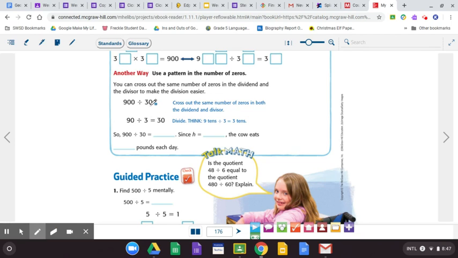There's 1 zero here and there's 2 zeros here, so this zero cancels this zero out, 1 for 1. So I'm crossing 1 out on this side and 1 out on this side. Now I'm left with 90 divided by 3. So 9 divided by 3 equals 3, and then I've got 1 zero left to put on the end.